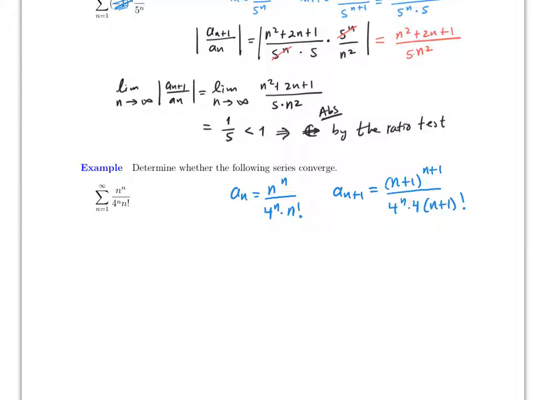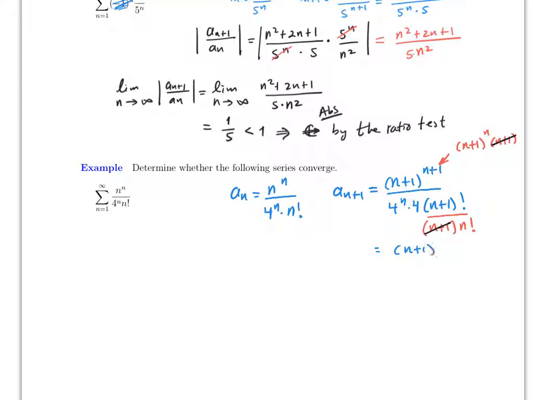If we simplify a little bit more here, n plus 1 factorial is the same thing as n plus 1 times n factorial by the definition of factorial. And this you can write as n plus 1 to the n times n plus 1. Hence, this simplifies a bit more, and this is what we end up with.